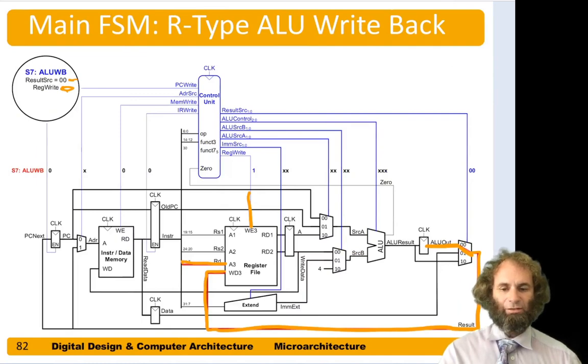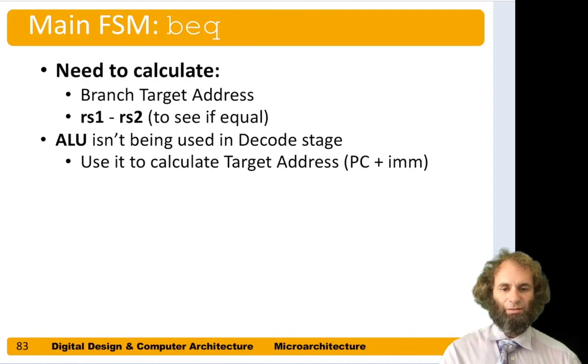Finally, let's take a look at branches. On a branch instruction, we need to calculate 2 things. One is the branch target address, which is PC plus the offset, and the other is source 1 minus source 2 to see if the 2 sources are equal. Notice that the ALU wasn't being used in the decode stage.